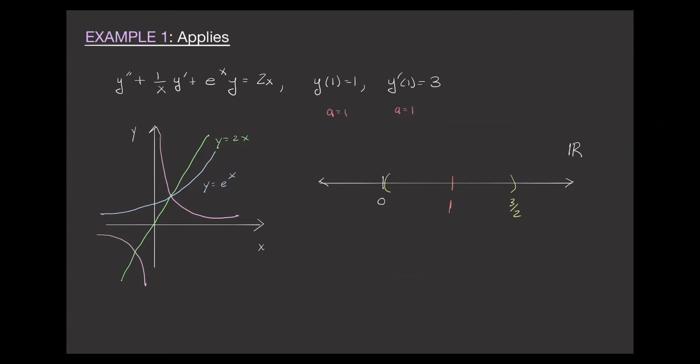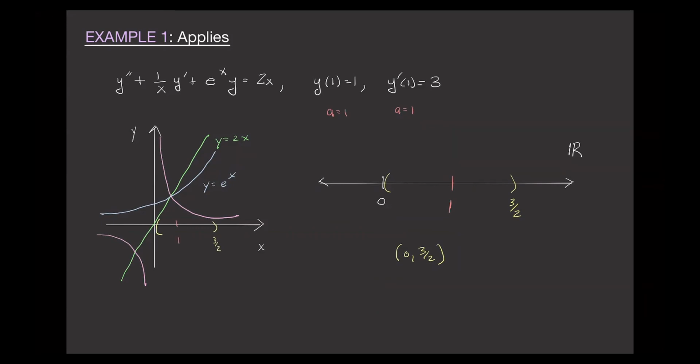On the interval 0 to 3/2, you don't include 0, but you do include 1, which we have in this interval. Let's look at it going from 0 to 3/2, and maybe here is 1.